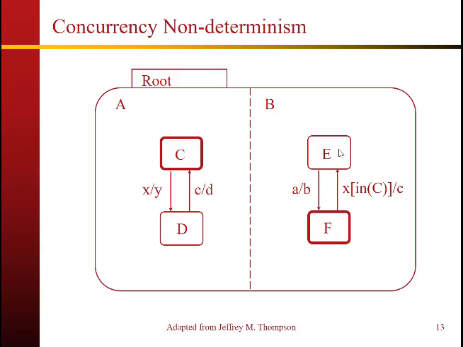And then you have the event Y, which is triggered by that transition into D, which has no effect on this state machine, but this one transitioning to E causes an event C, which then this one can retransition back into C. If you do it the other way, then you won't get that.